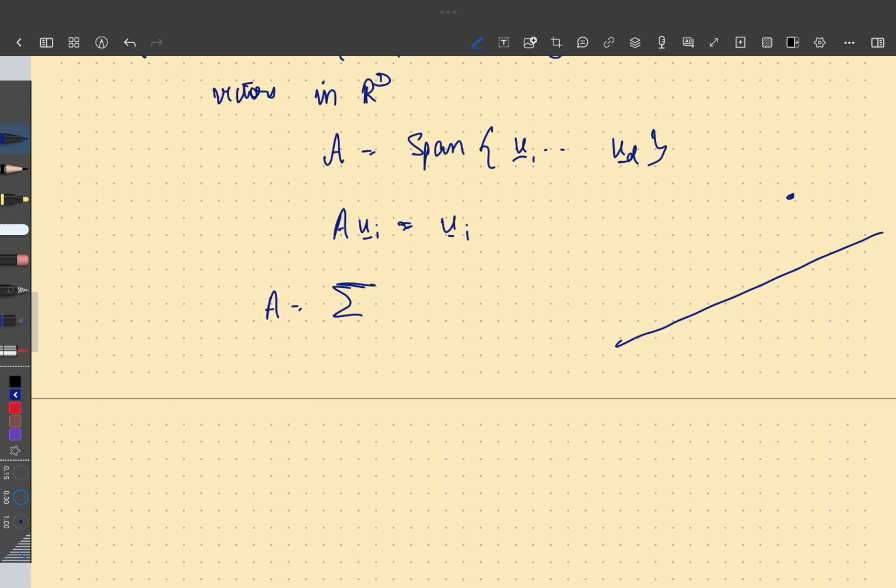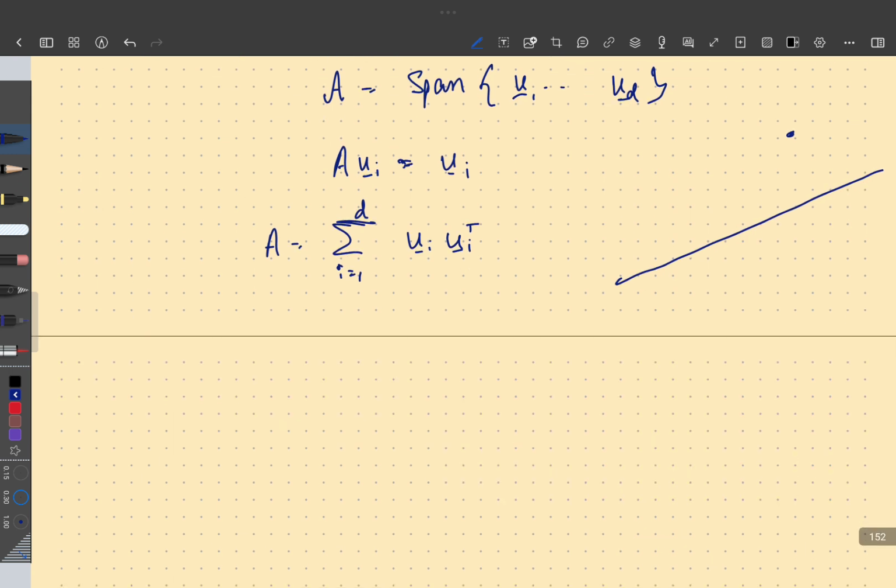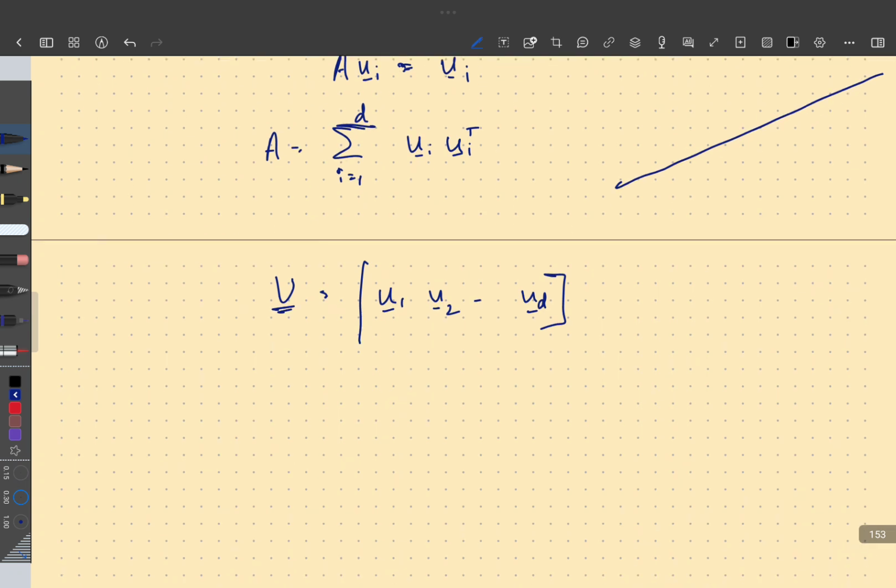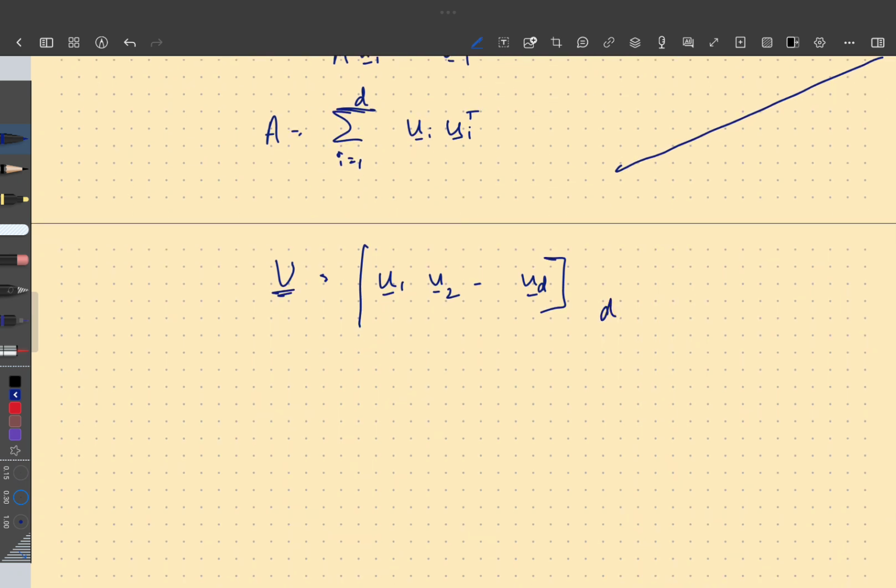Or another way to put it is, A is the sum from i equal to 1 to little d of ui ui transpose. Also, if I denote the matrix U to have columns u1, u2 up to u little d, right? So this is a capital D by little d matrix.